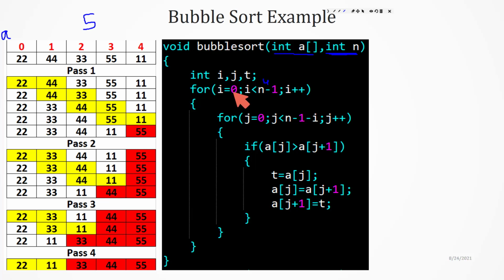What are the possible values for i? 0, 1, 2, 3, 4. How is it 4? Not 4, 3. Okay. 0, 1, 2, 3 are the possible values of i.